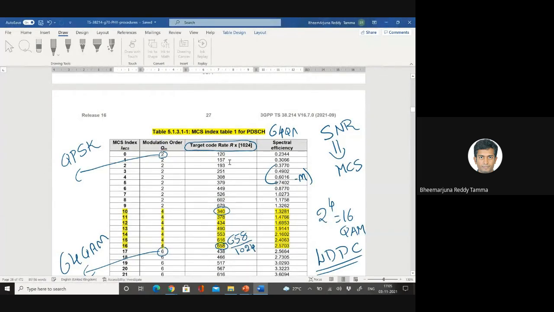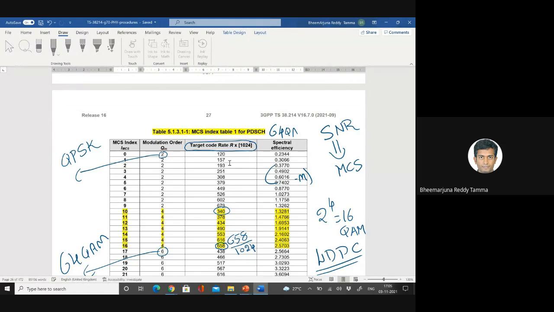There is a slight difference across the tables, from the starting values of the coding rate to where they end. Table 1 is used when the channel quality is not so great, where you go from QPSK to 64 QAM. Table 2 is used when the channel quality is good, where again you go from QPSK to 16 QAM along with 256 QAM.